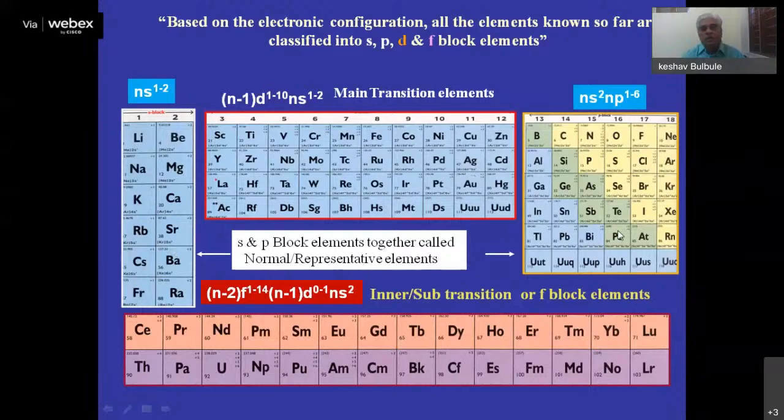Why I am giving this comparison is because if the bread is properly baked, it is almost colorless. s-block elements are colorless. p-block elements are colorless like a slice of bread. The colored jam applied represents the d-block elements, and what has fallen down must have been diluted, and that diluted jam is the comparison for the f-block elements or inner or sub-transition elements.